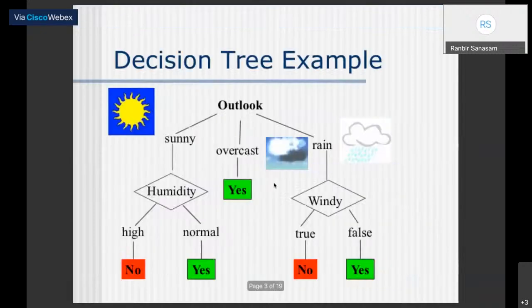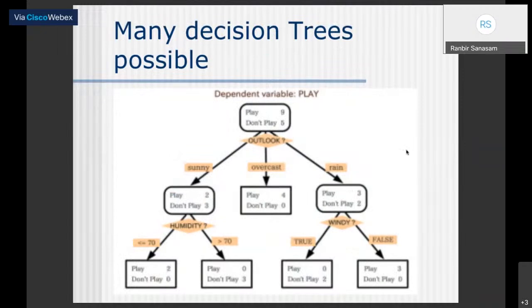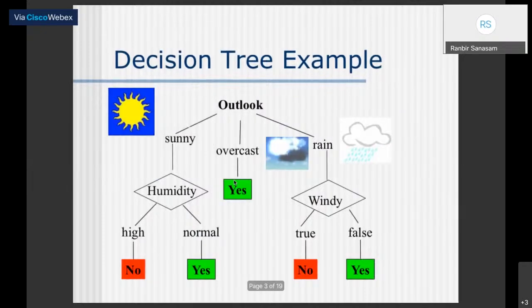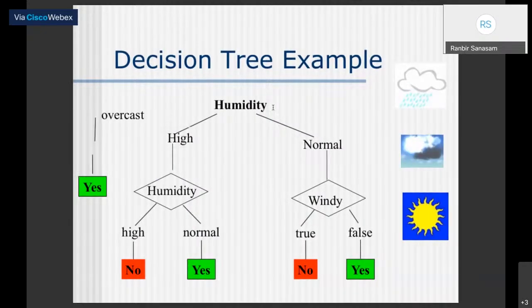Given a data set, you may have more than one possible tree. One is this example, and you may have another tree, something like this. In the first tree, you have outlook as the root. In the second tree, you have humidity as the root, and so on. You may have multiple possible such trees, and you have to find the best one.